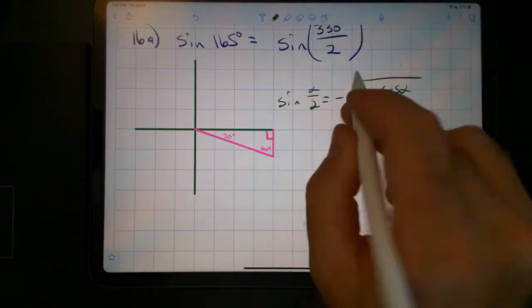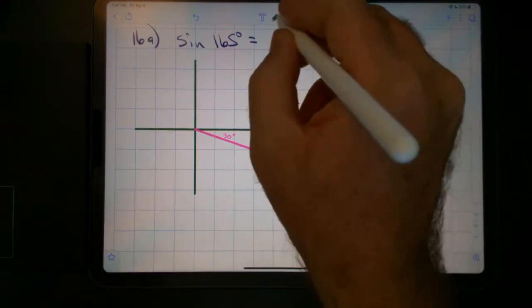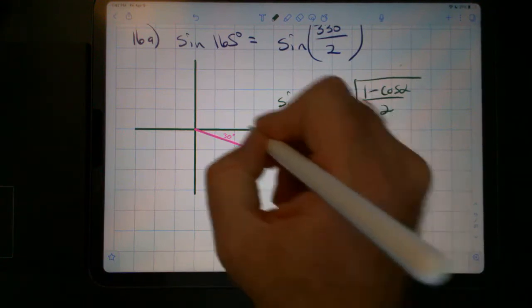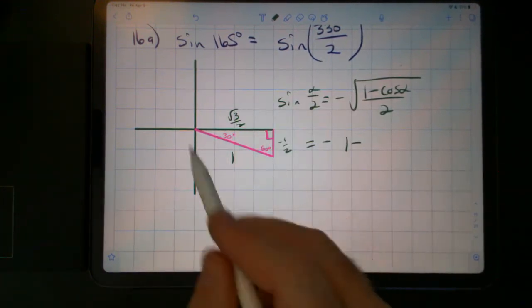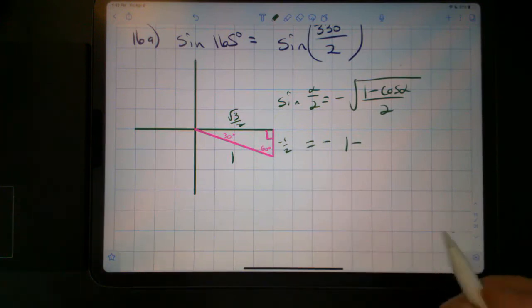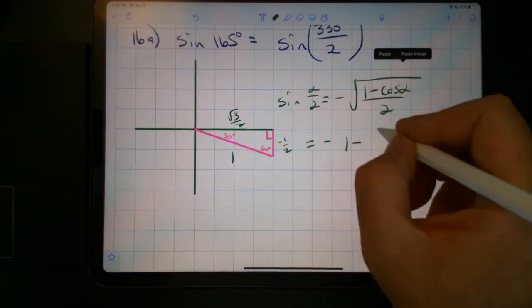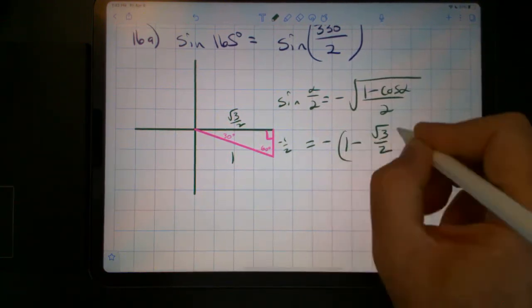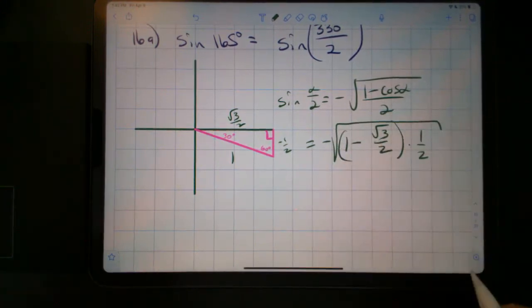Okay, so this will be negative 1, and so these values, this is going to be negative 1/2, and this will be radical 3 over 2 and 1. It's your 30, 60, 90 triangle configuration. So this is 1 minus cosine, which is going to be radical 3 over 2. All of this is times 1/2, and all of this has the radical.